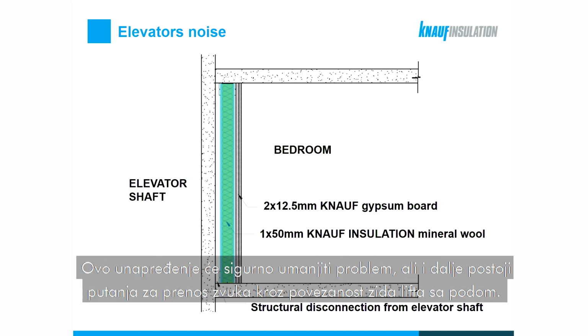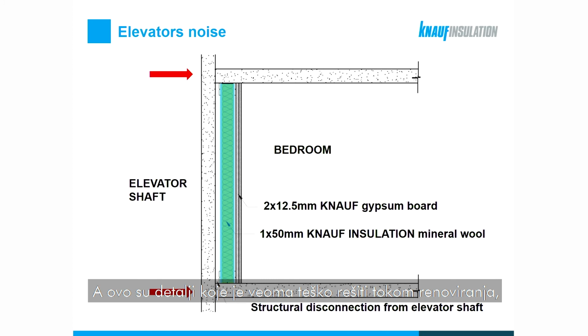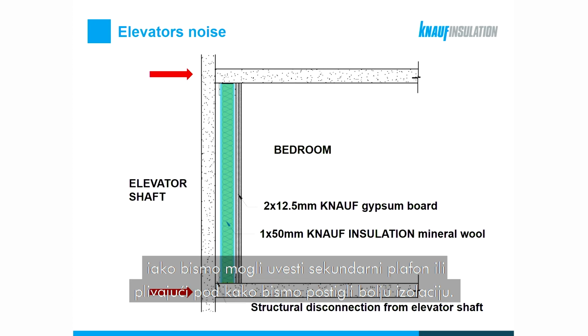So this upgrade will certainly reduce the problem, but there is still a path for the noise transfer with the connection of the elevator to the floor slabs. And these particular details are very difficult to solve during the renovation. Although, yes, we could introduce a secondary ceiling, a floating floor, and achieve complete and much better insulation.